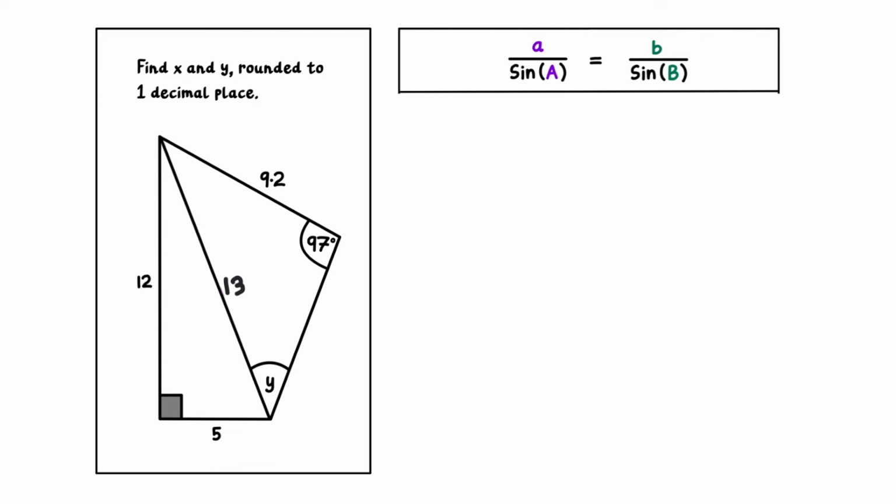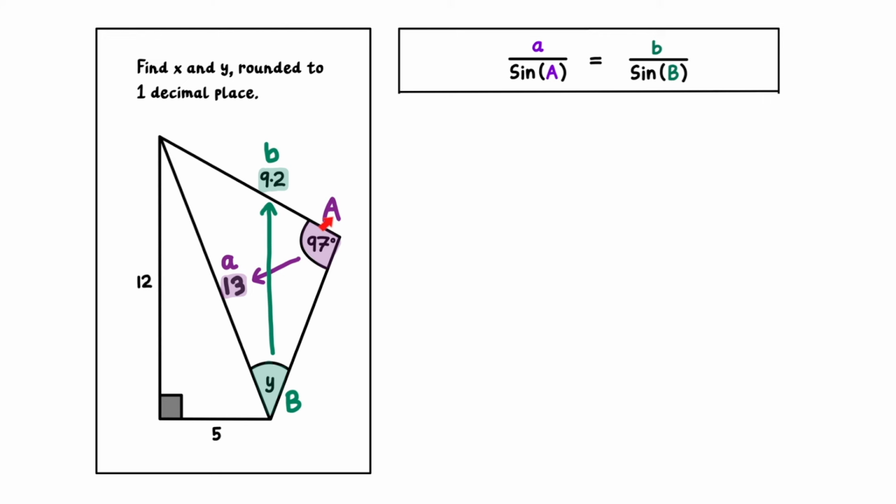A over sine of capital A equals B over sine of capital B. To apply this statement, we should first label our diagram. We label our first side angle pair as capital A, little a. We label our second side angle pair as capital B, little b.